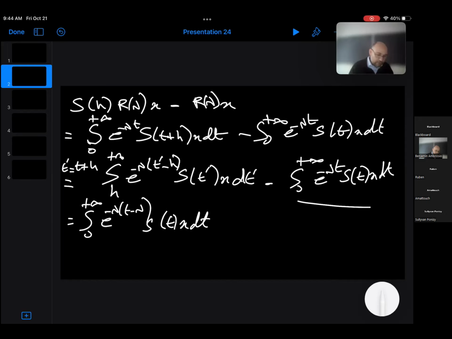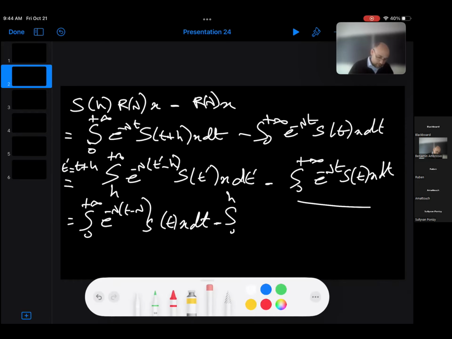But if I start at 0, I need to take out the integral between 0 and h of the same thing. So sorry, this is an h here, of the same thing, and this one too.